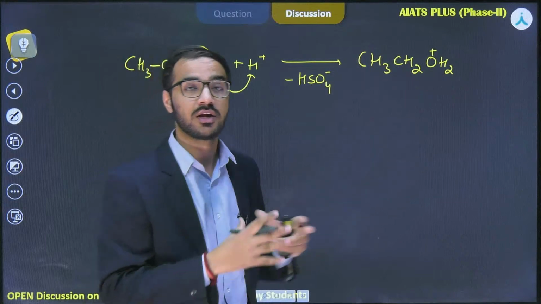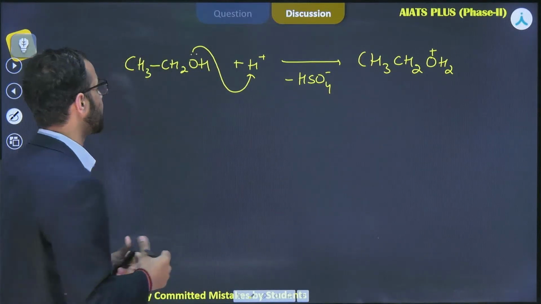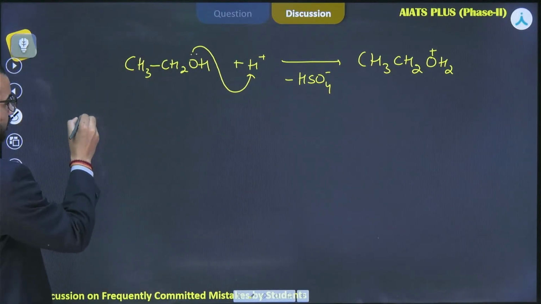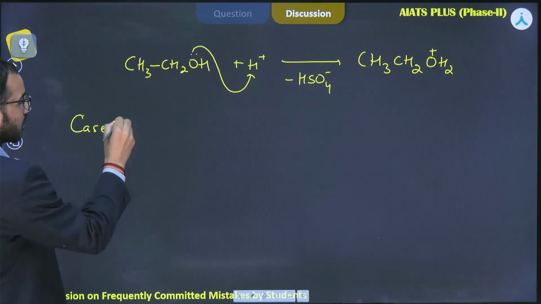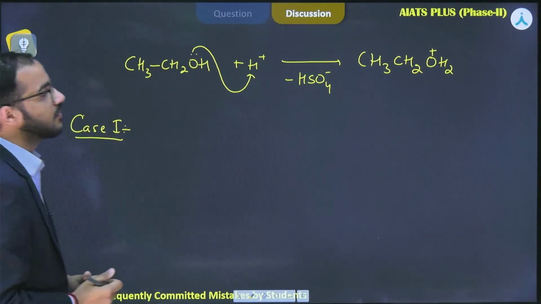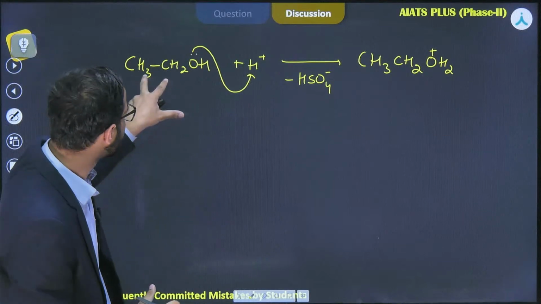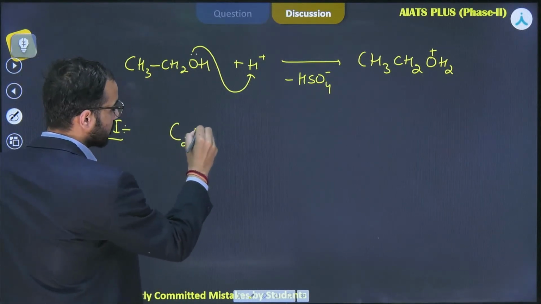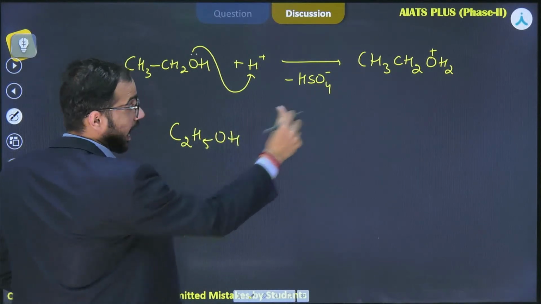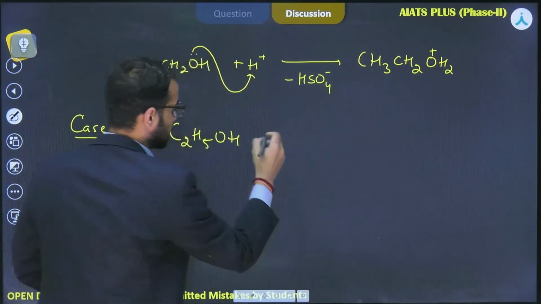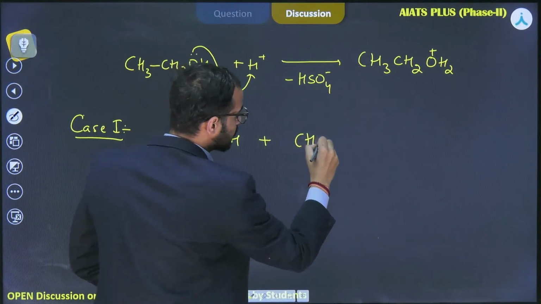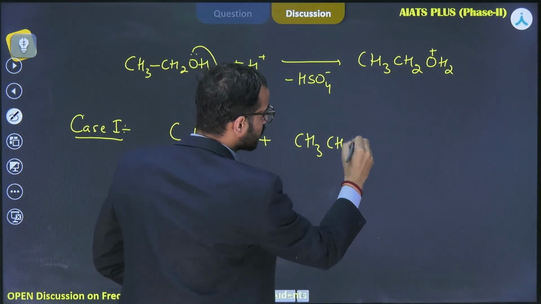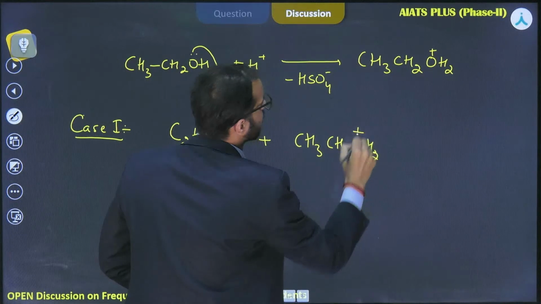Let us understand how. Let us check the first case. In the very first case, you will have leftover ethanol, and the electrophilic center is CH3CH2OH2 positive.